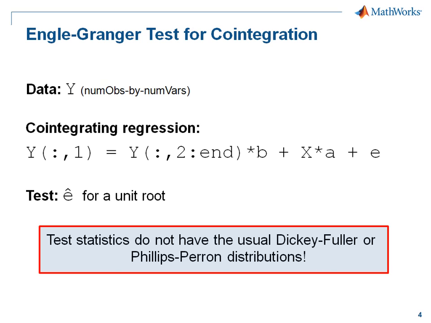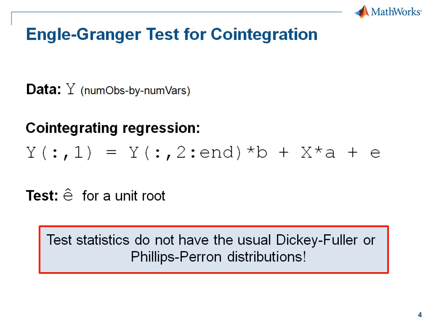And that's what we do in the egcitest function in Econometrics Toolbox. We have the proper distributions tabulated, and so you want to use that. That function will call Dickey-Fuller or the Phillips-Perron test or whatever you want to use for a unit root test to compute the test statistic, but it will then use the correct cointegration distributions for the Engle-Granger test to draw the inference about whether or not cointegration is present.